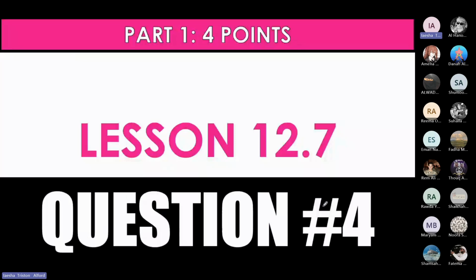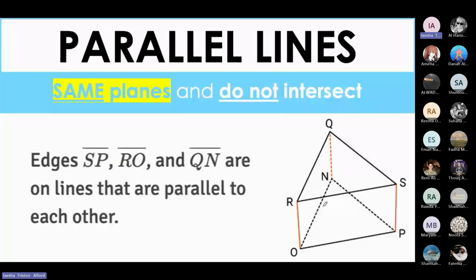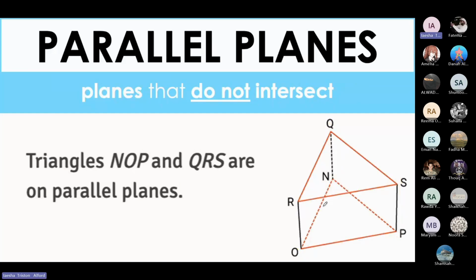All right, question number 4 is coming from 12.7. Remember about parallel lines. Parallel lines are in the same plane and they should not intersect. Parallel planes do not intersect.